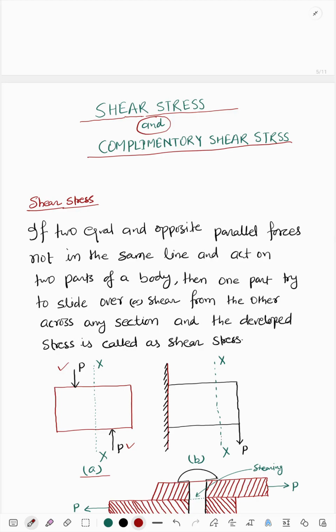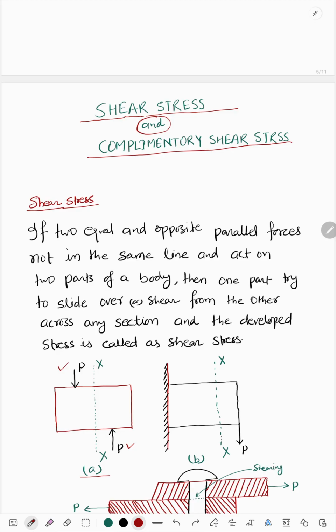This is also applicable if we have a cantilever section. Here in this cantilever beam type structure one more section is taken, and load P is applied.